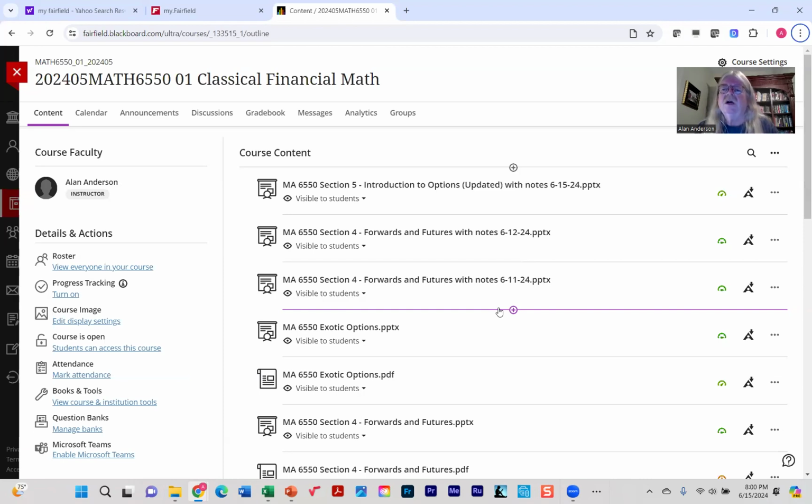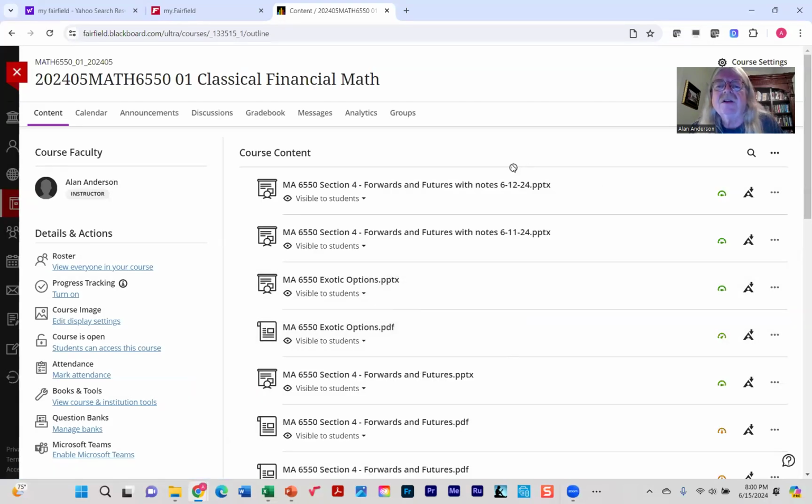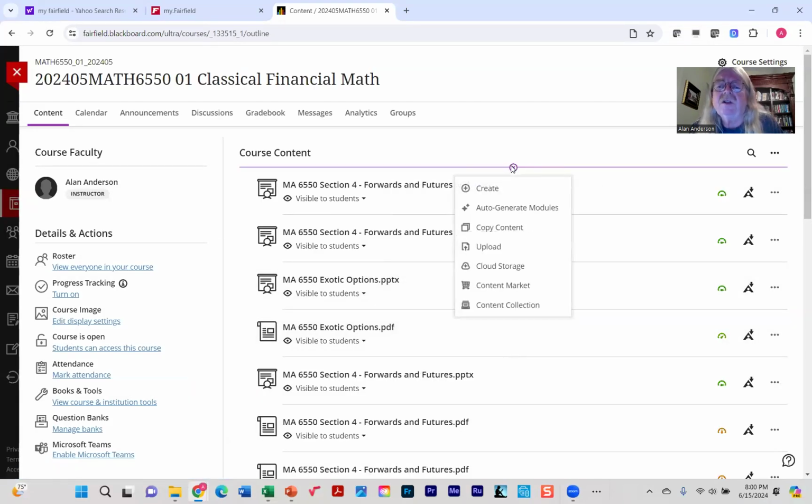Okay, so actually I realized I just put the wrong one in here, didn't I? Hold on one second. Yes, because there's an awful lot of content in there that we won't really have time to get to. We really want to focus our attention on the basics of options so that when this is done, we can then focus all of our attention on pricing options.